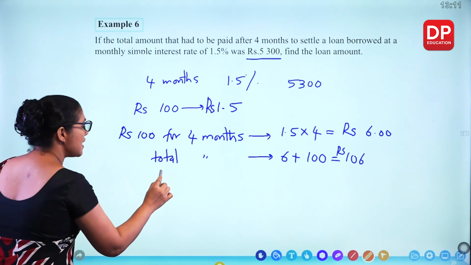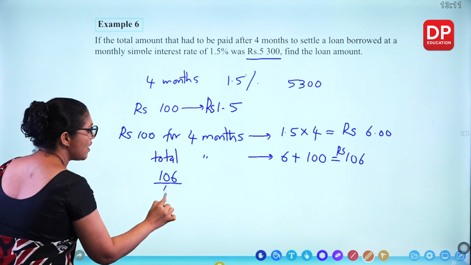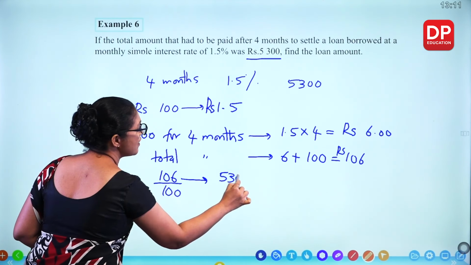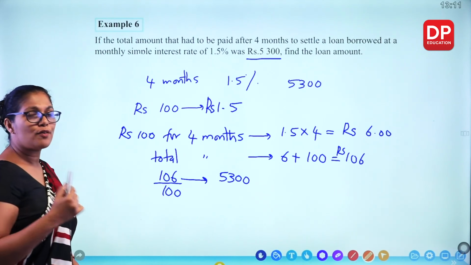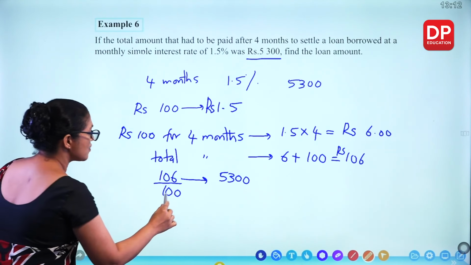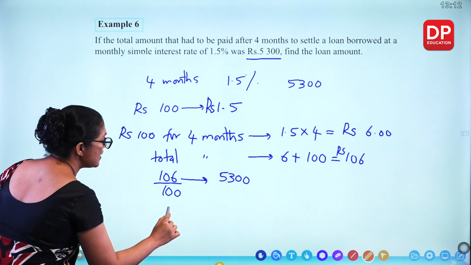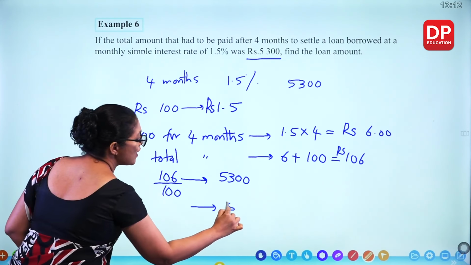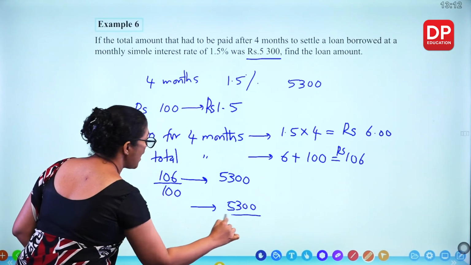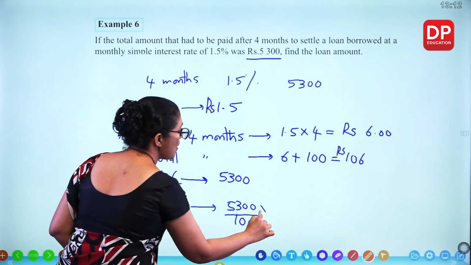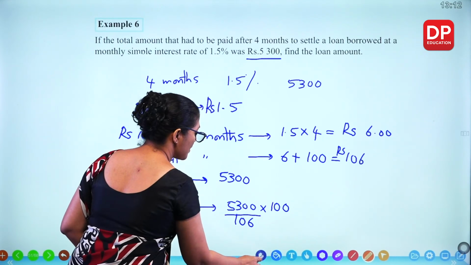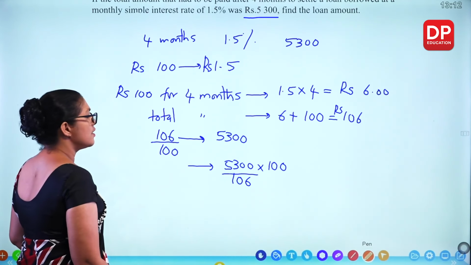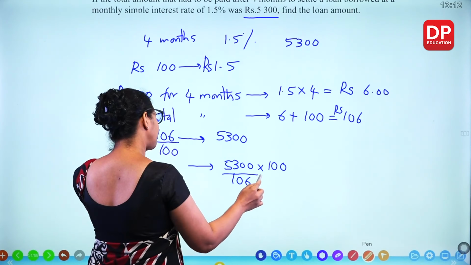So that means 106 over 100 represents 5,300. So we need to find out what is 100%. So the 100% value is 5,300 divided by 106 multiplied by 100.